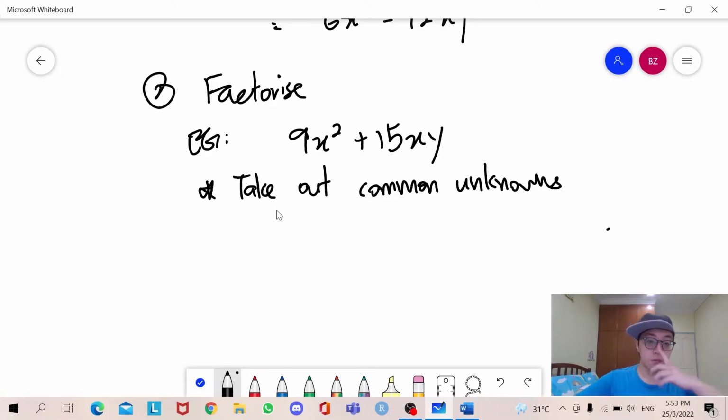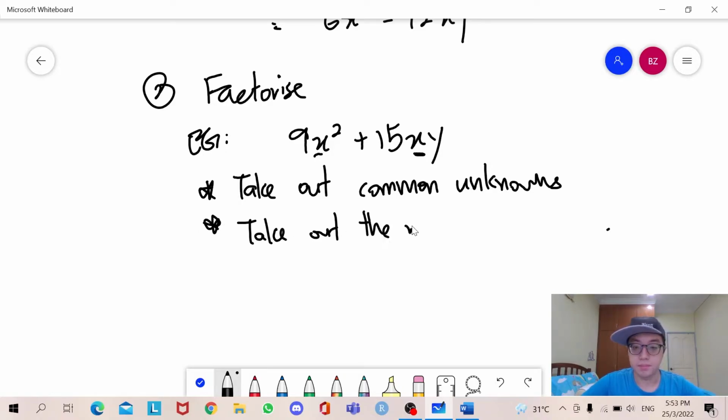First thing, you can see both have x. The difference is the first term is x squared, which means there's 2 x's, and the second part has only 1 x. So we will only take out the minimum.